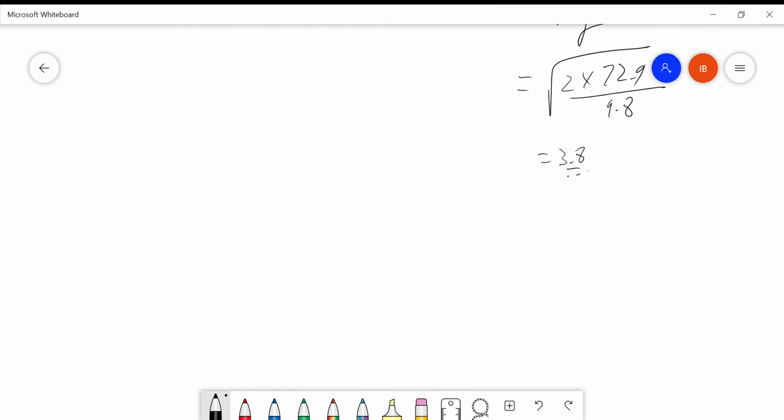Then u is 37.8 and t is equal to 3.8. Now for the total time taken, we have to do 3.8 plus 4.2. We can get 8.